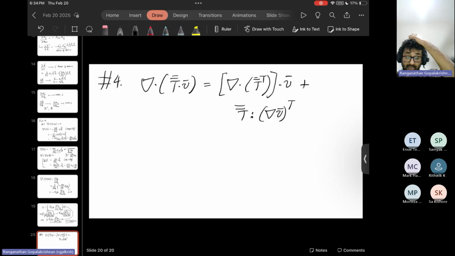We have to see what this double contraction is, which I don't think we have encountered frequently before.